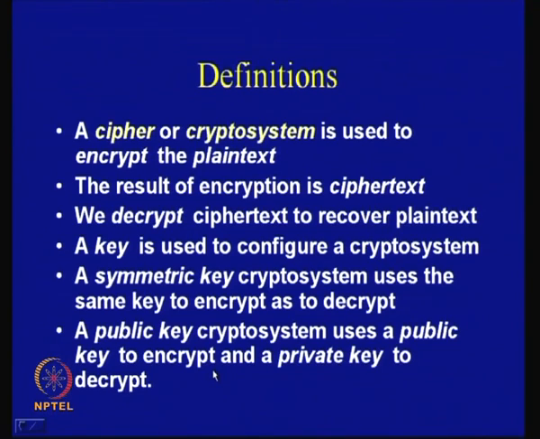So, if Alice wants to send a piece of information to Bob, then Alice uses the public key of Bob, and when Bob receives this information, then Bob decrypts it using its own secret key or private key.